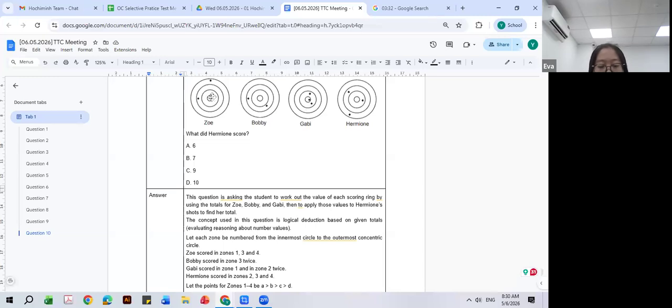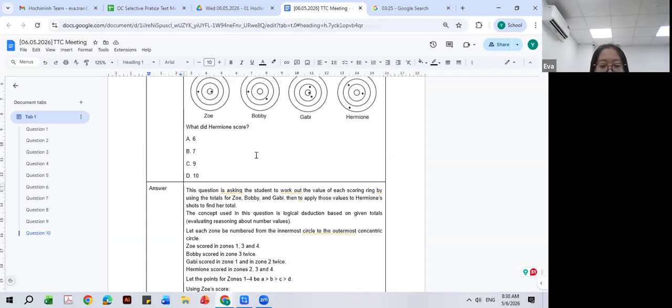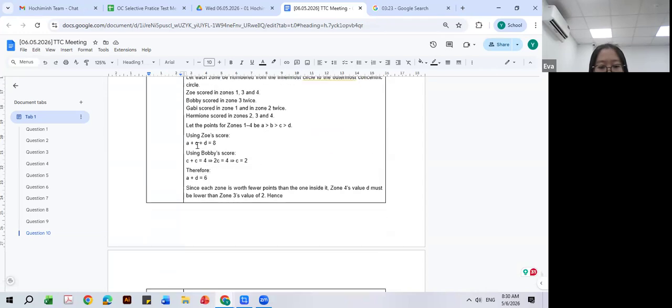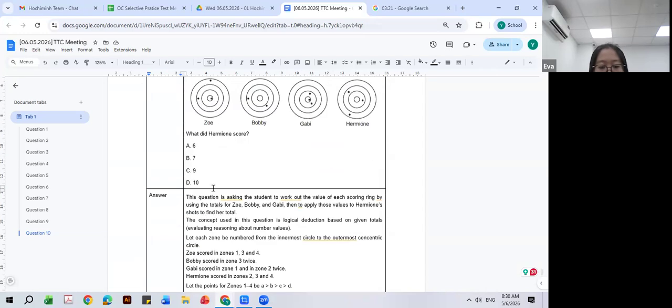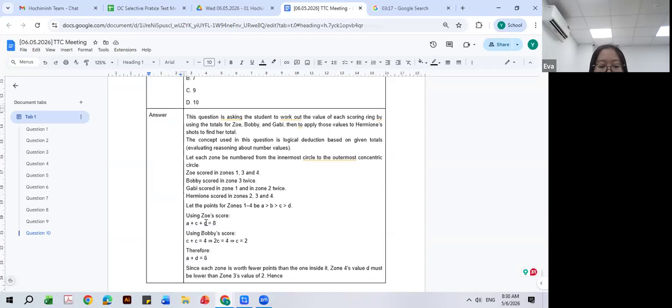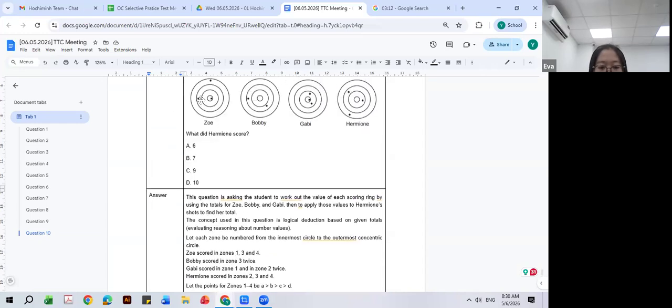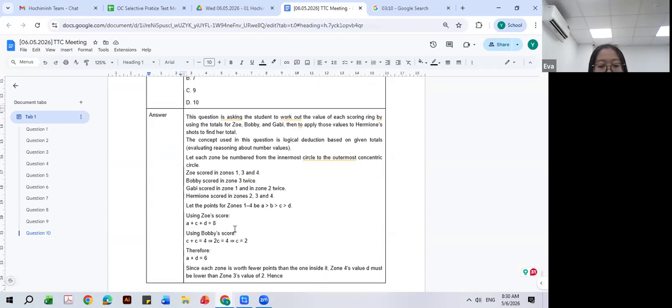We call the mark at the innermost region A, then B, C, and D. We have Joe has A, then the third is C, and the final one is D. The total mark of Joe's is A plus C plus D, equal to 9.